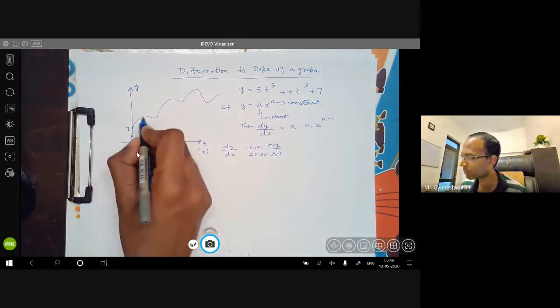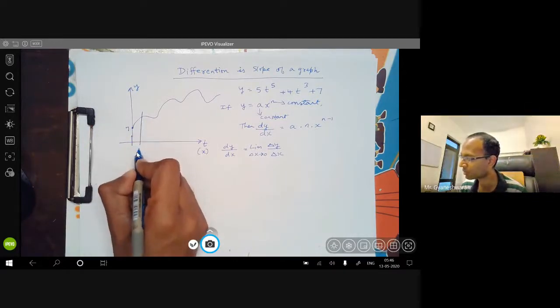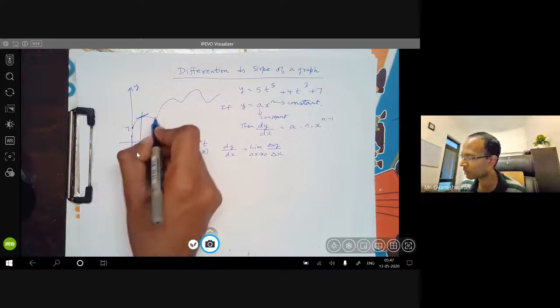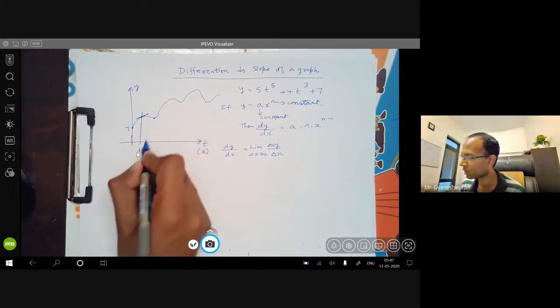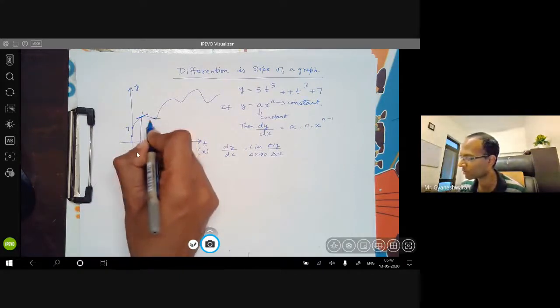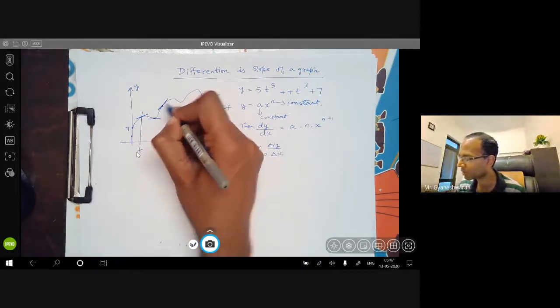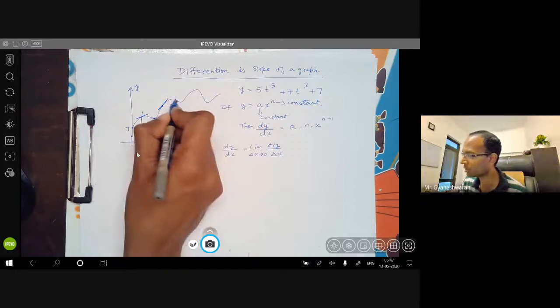If we take some time here, the slope at this instant is the tangent at that point. The velocity at this point will be the tangent at this point.